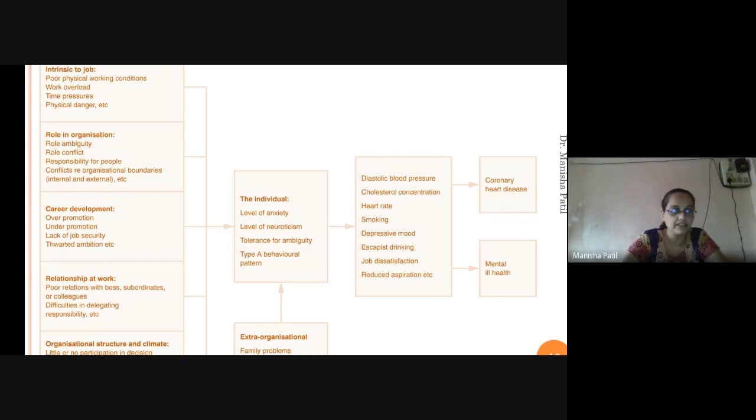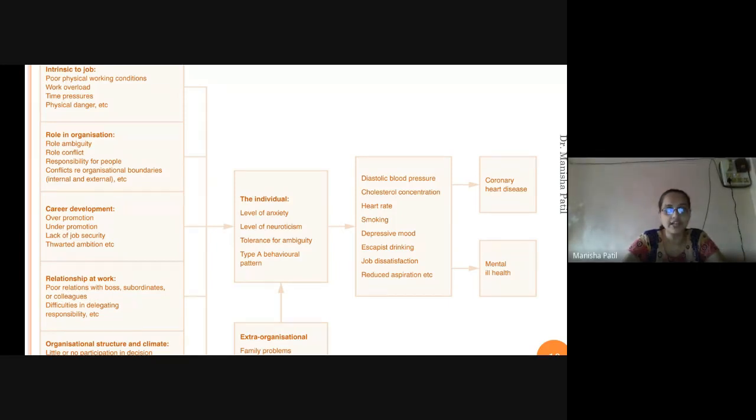etc. Then career development: over promotion, under promotion, lack of job security, thwarted ambition. Then relationships at work: poor relations with the boss, subordinates or colleagues, difficulties in delegating responsibility; organizational structure and climate: little or no participation in decision making, restrictions on behavior, office politics, lack of effective consultation, financial difficulties, etc. So these are the sources of stress at work.